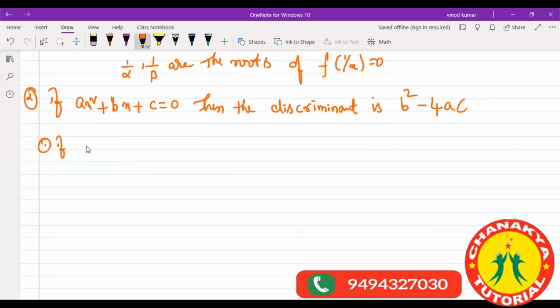Symbolically we can write delta equals b square minus 4ac. If delta equals b square minus 4ac is less than 0, then the roots are imaginary.